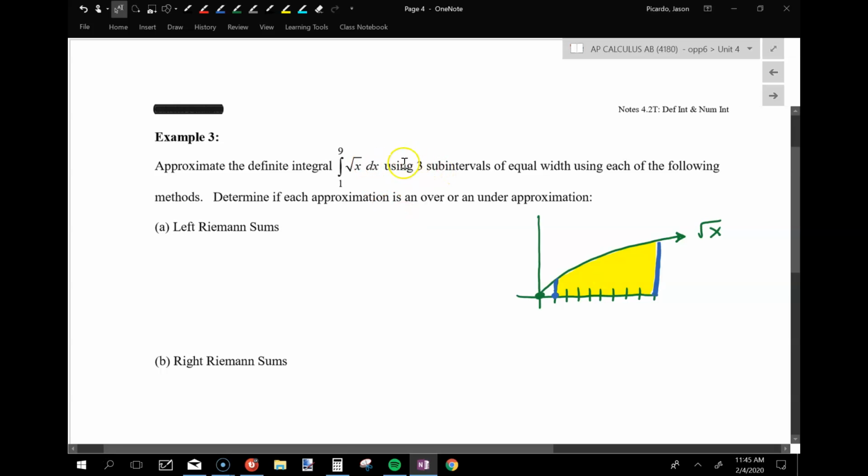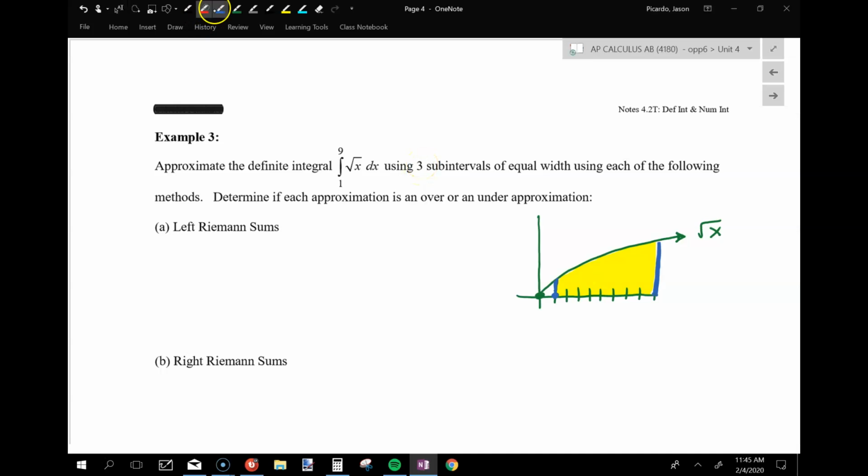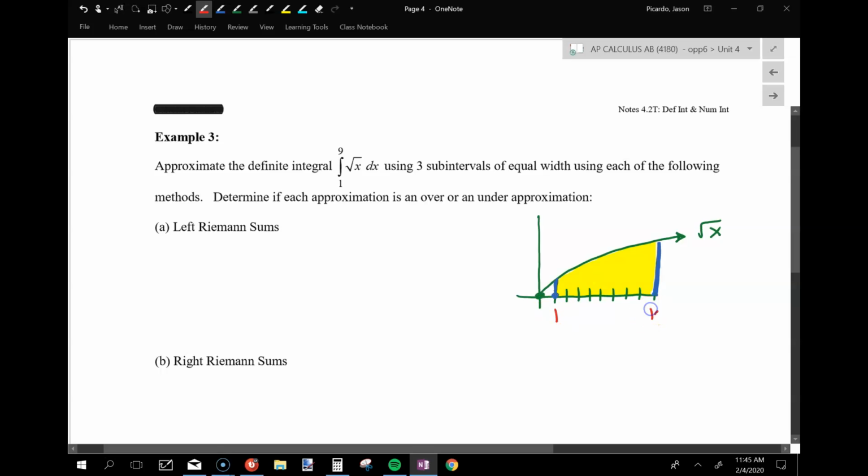All right, so what are we going to do? Here's what they say. They want us to have 3 subintervals. That kind of stinks. So this is 1, this is 9. They want 3 subintervals.